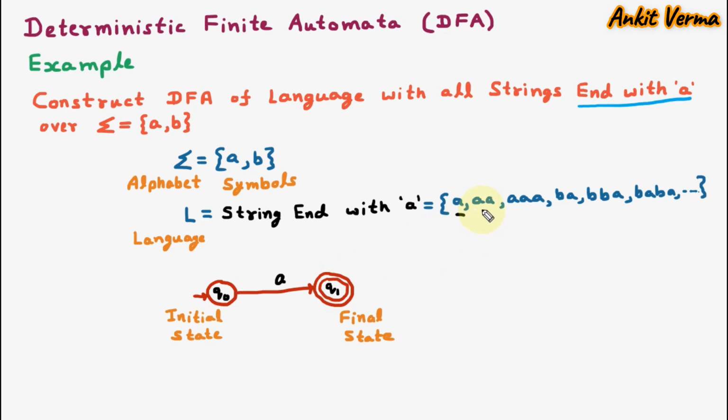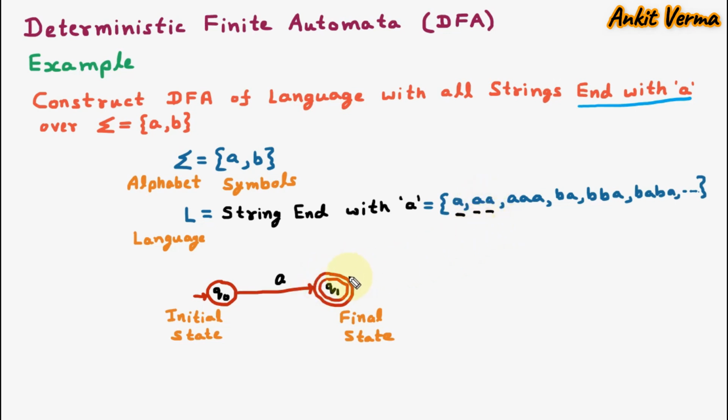We are taking another string so that we can build the DFA. Let's suppose the next string is AA. For the first A, the DFA will start from the initial state and A will come, and it will move to Q1. But when the second A comes, afterward it should be on the final state because AA should be accepted.